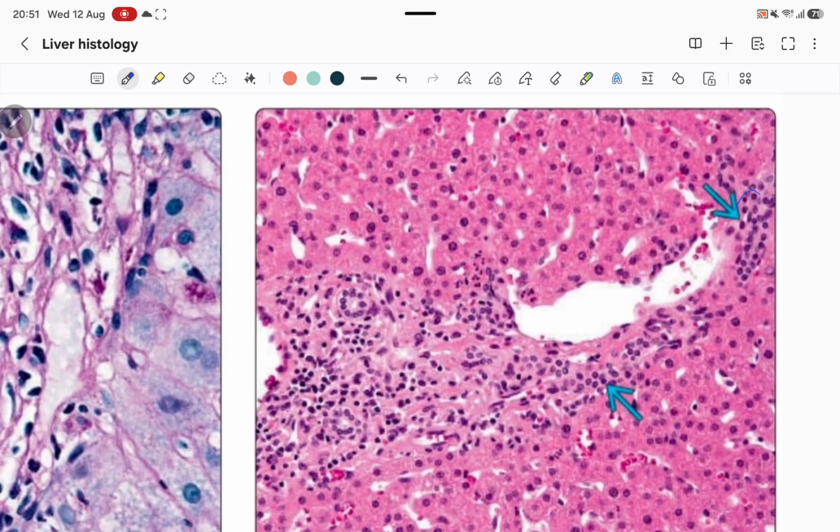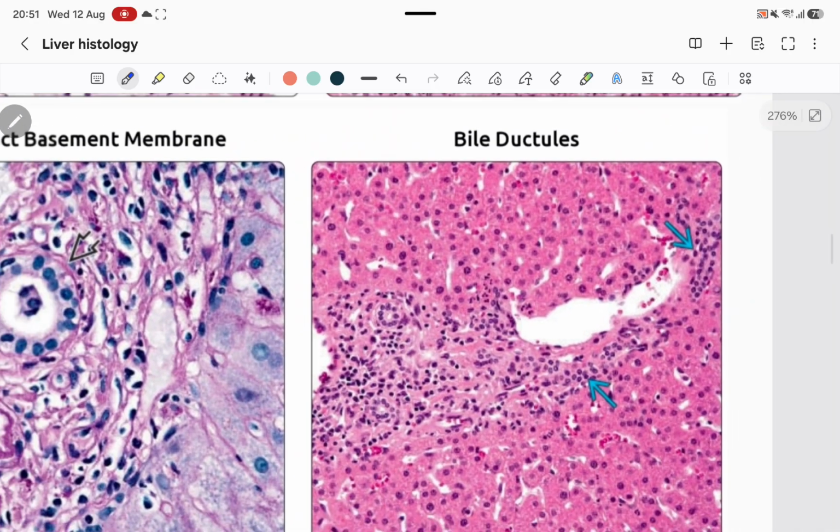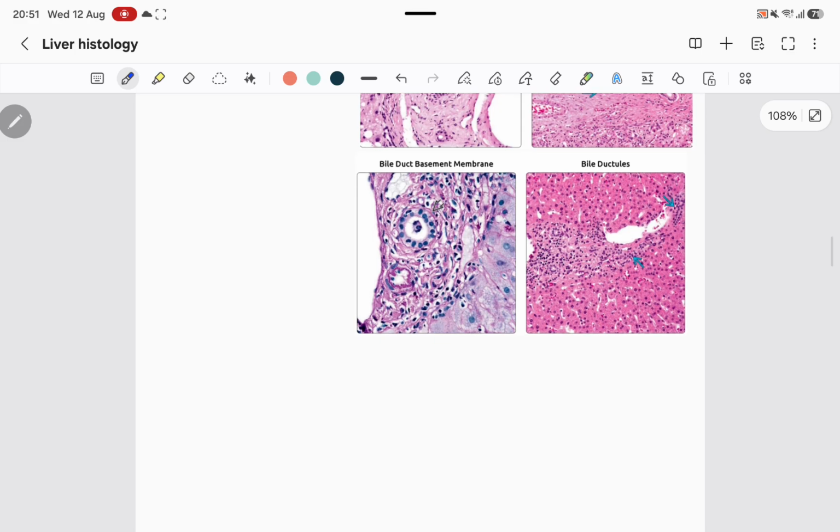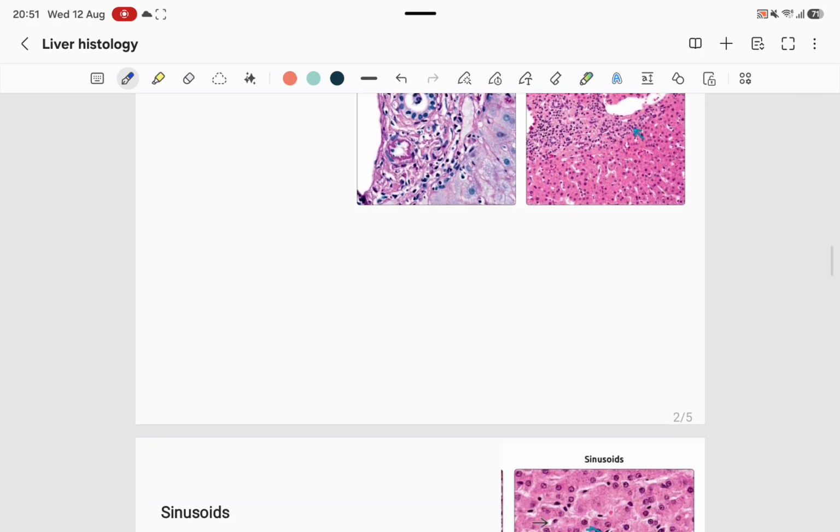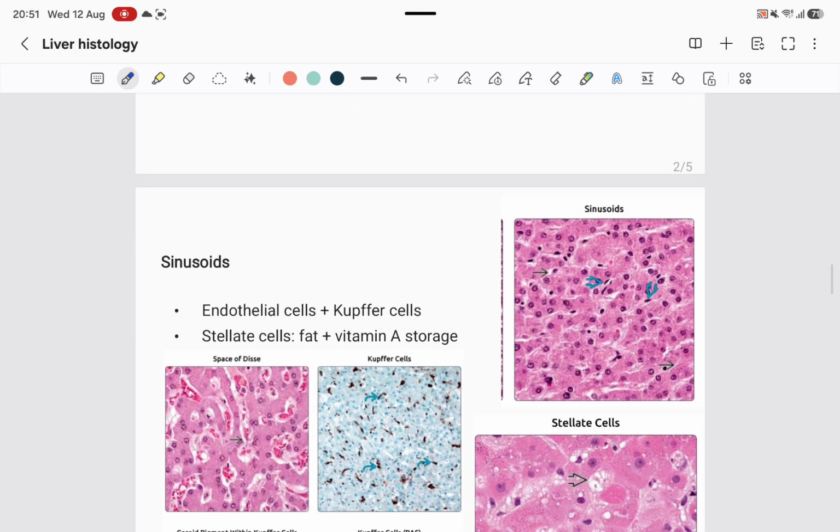Alright, these are probably bile ducts, just connecting and going in to drain all of that, going back into the gallbladder.